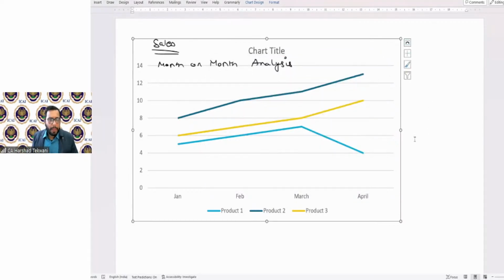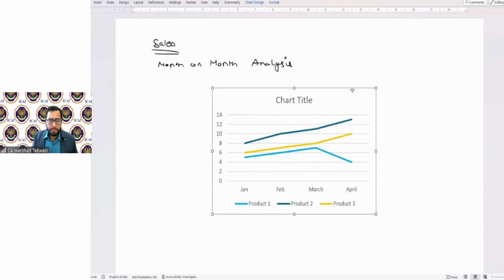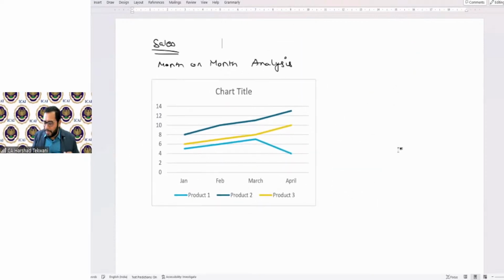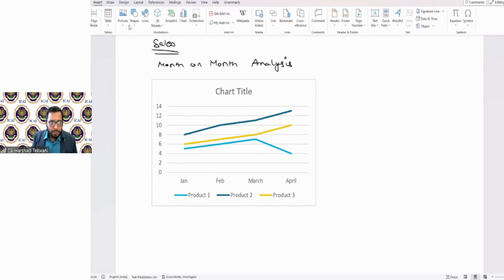You did this particular month-on-month analysis of sales, and in it you identified a particular deviation, this particular region where the sale is falling down.